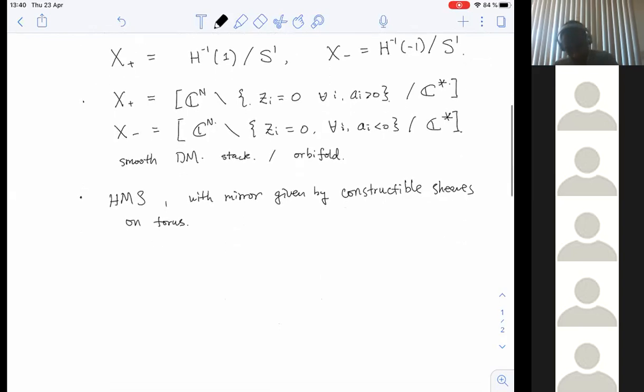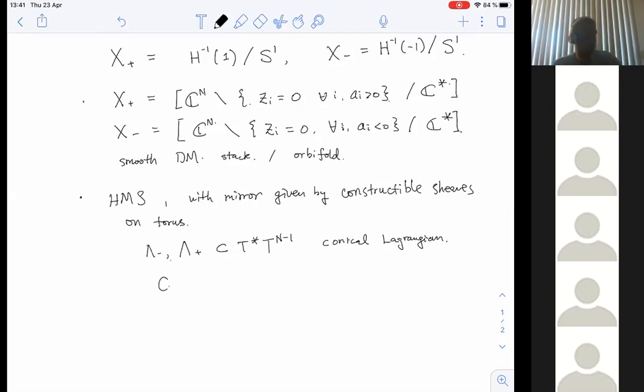In particular, we would have a Lambda plus sitting inside T star of T^{n-1}, a conical Lagrangian, and a Lambda minus.